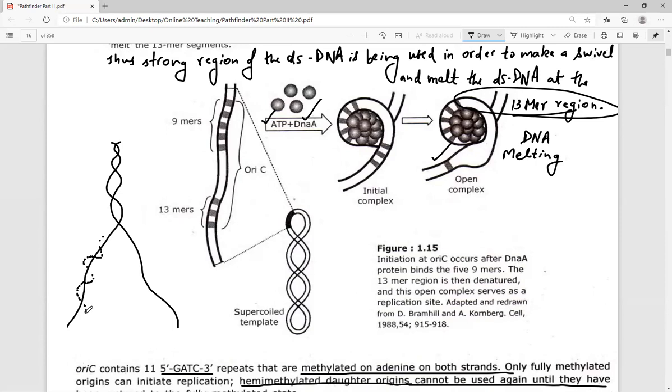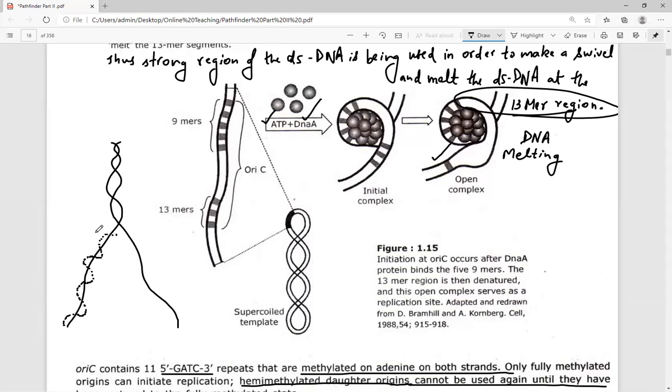When the parental DNA molecule is replicating, what is going to happen? The new DNA molecule can be biosynthesized over the pre-existing DNA molecule by complementary base pairing.